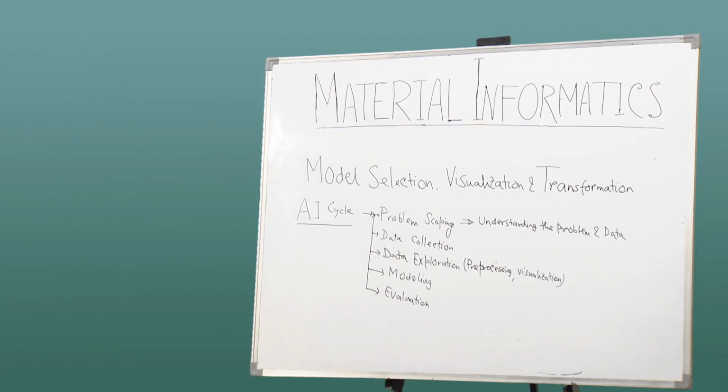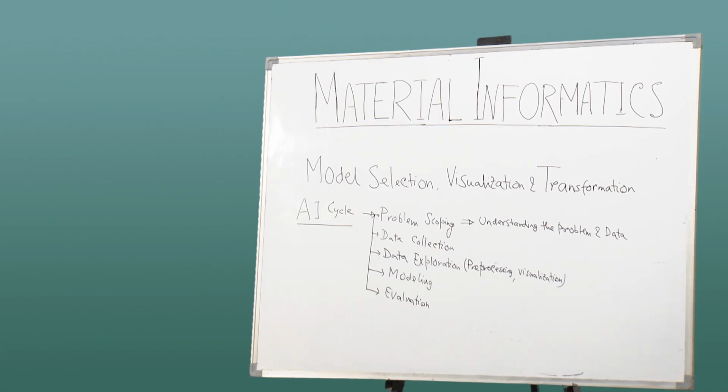That means that before you select any model, it is important to first analyze the problem which you are trying to solve. I told you, right. And this step is to determine whether it is a regression type problem, a classification type problem, or a clustering type of problem.